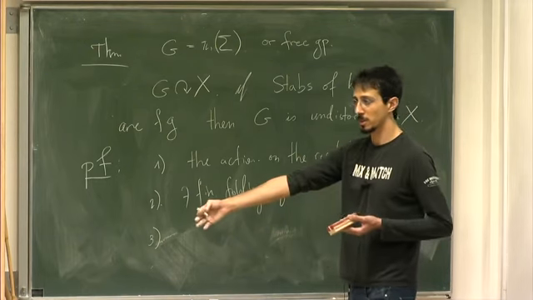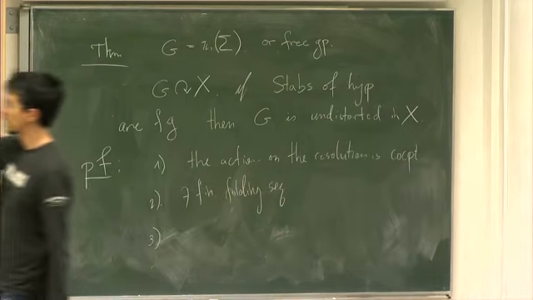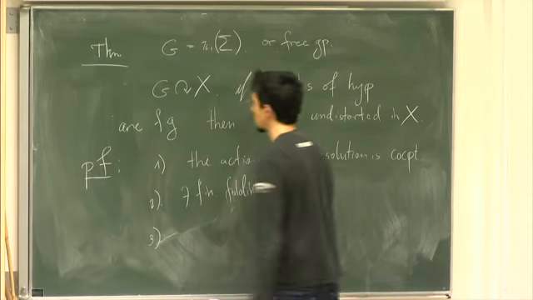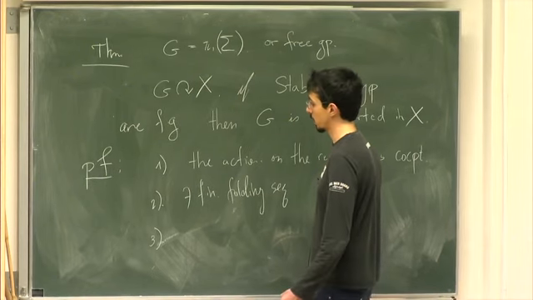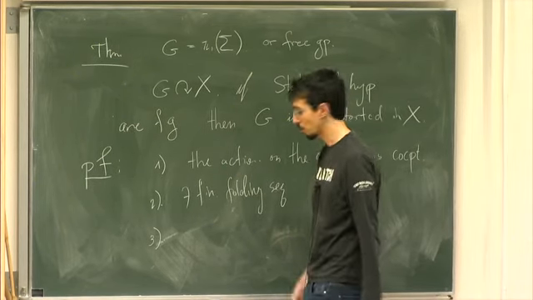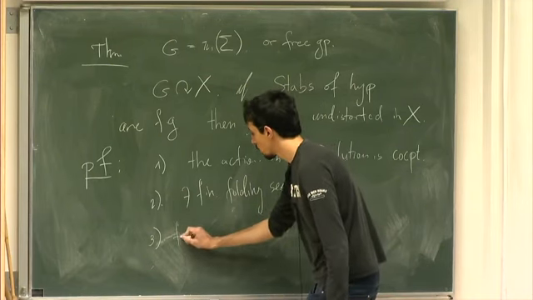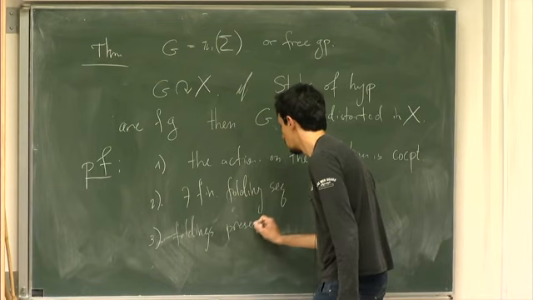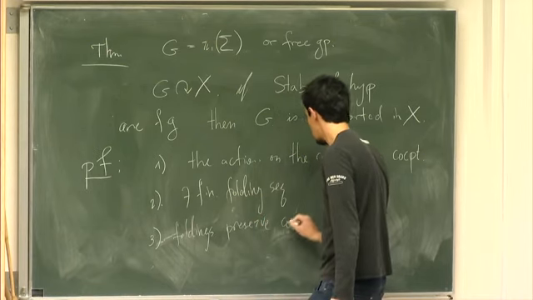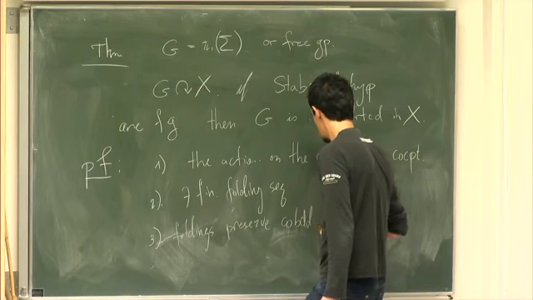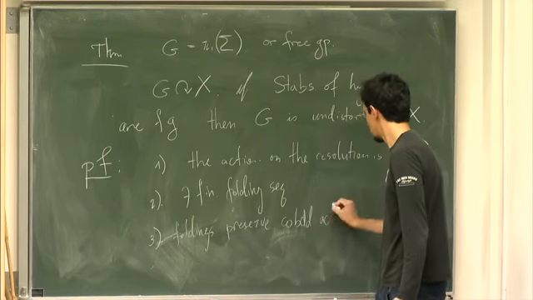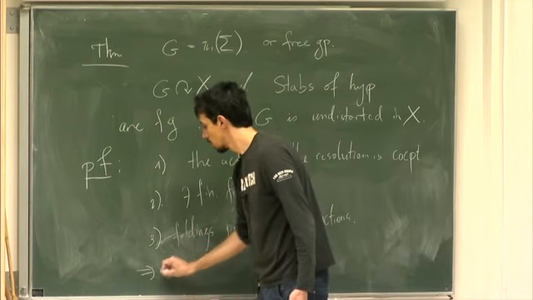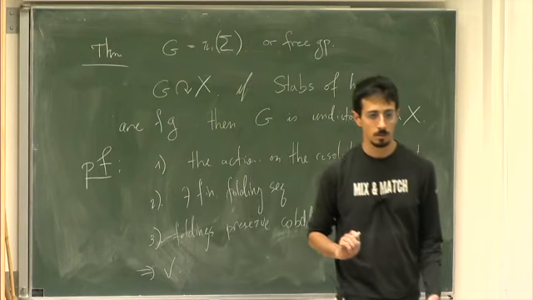So you iterate this till you get to this point, on which you act properly co-compactly, and this embeds into X. So the point is foldings preserve co-boundedness. So we get the conclusion.